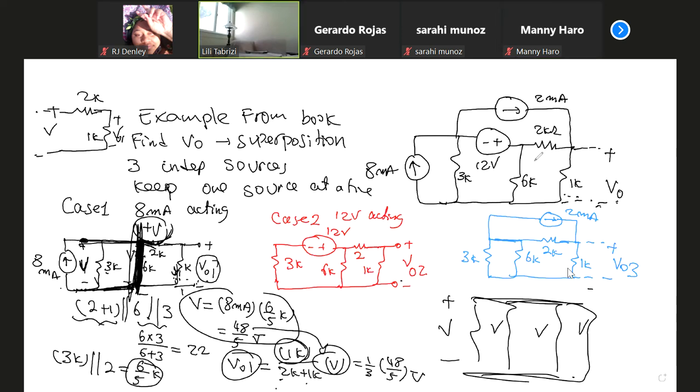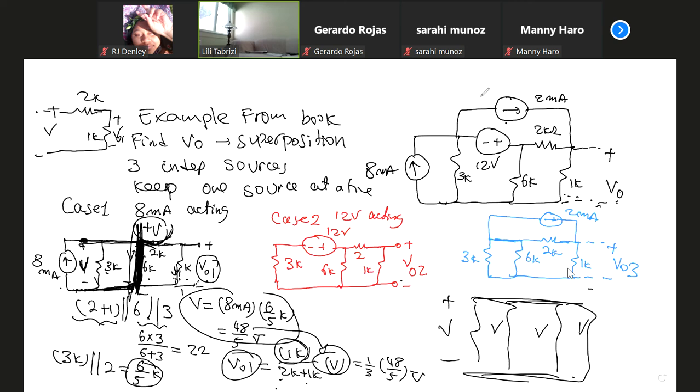Notice that in the original circuit, when you ask this question, remember, this is after killing the current source. In the original circuit, 2K and 1K carry different currents, because at this node you have an essential node. So the current through 2K and 1K, they are not in series in the original.